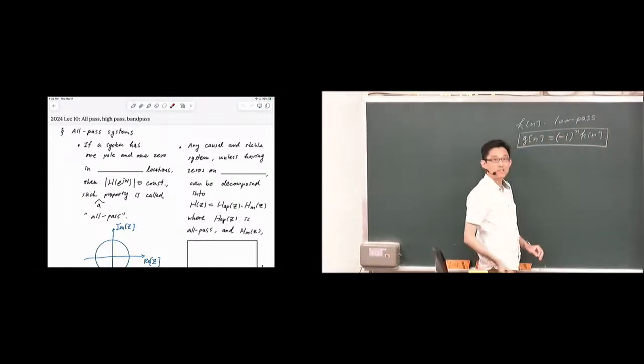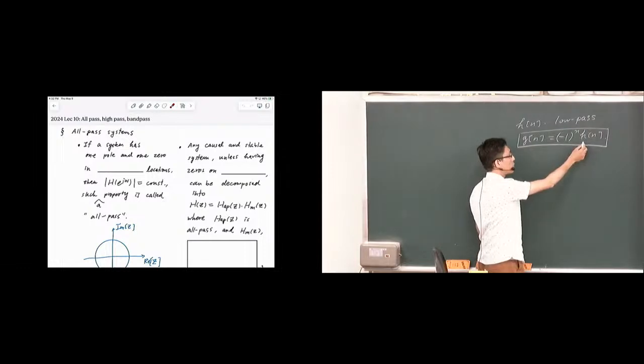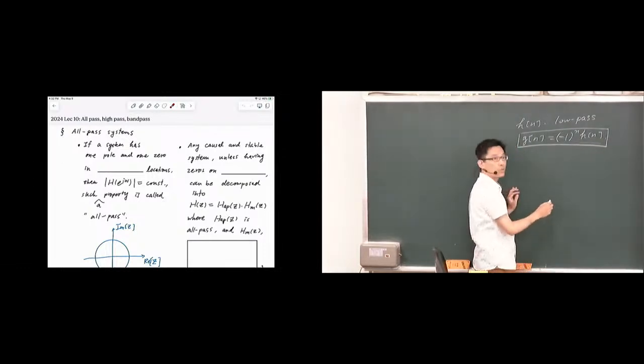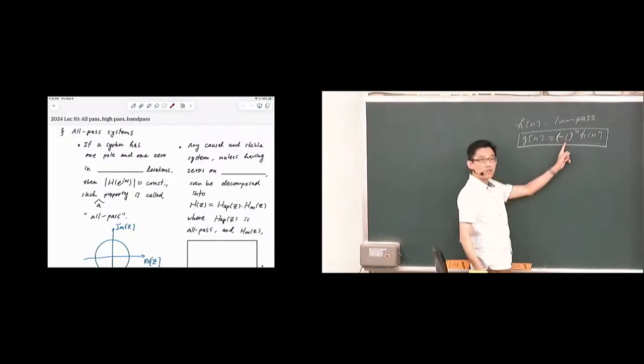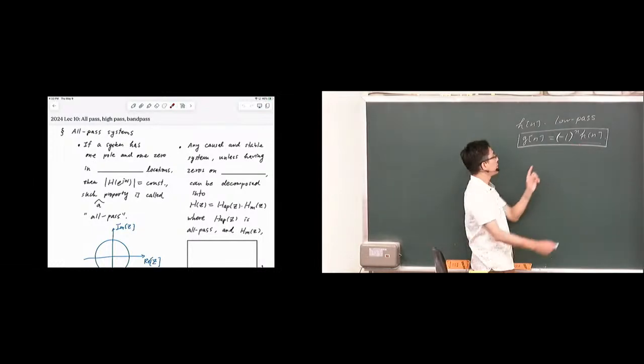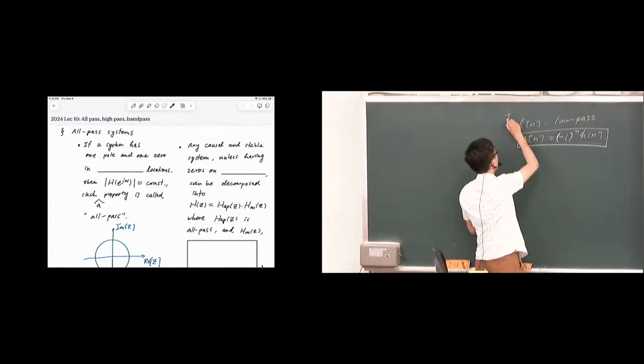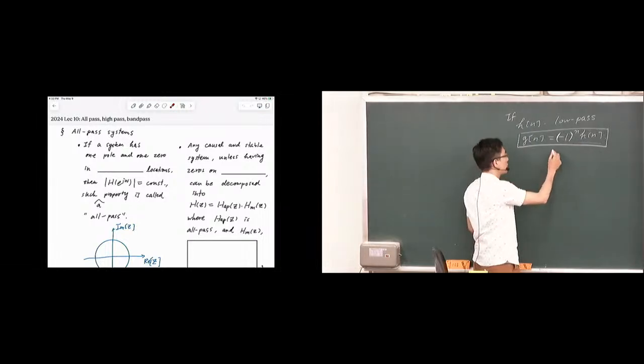Very simple: just change the sign of every other sample of your impulse response, and that will give you a high pass filter. If h of n is low pass, then g of n defined as such is a high pass filter.